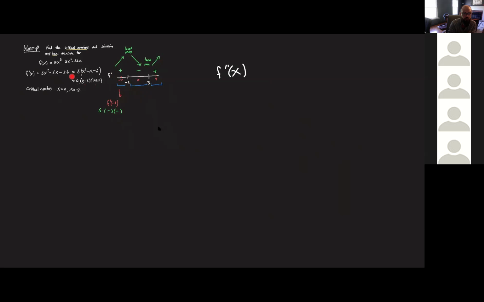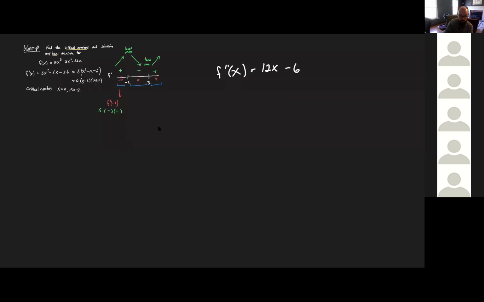My first derivative is over here, and I'm going to use the expanded out piece to take the derivative. So we get 12x minus 6. Our second derivative in this case is particularly nice.